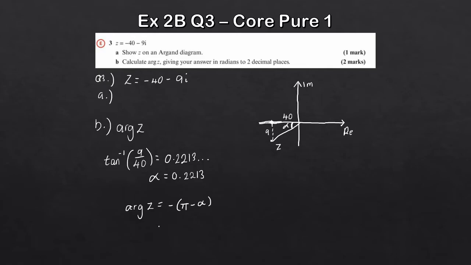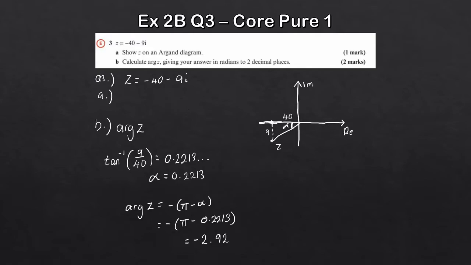So what I need to do is work out pi minus alpha and then times it by minus 1 essentially. So minus pi minus 0.2213, and what would that give me to 2 decimal places? You should get minus 2.92. That's the argument for this complex number Z.